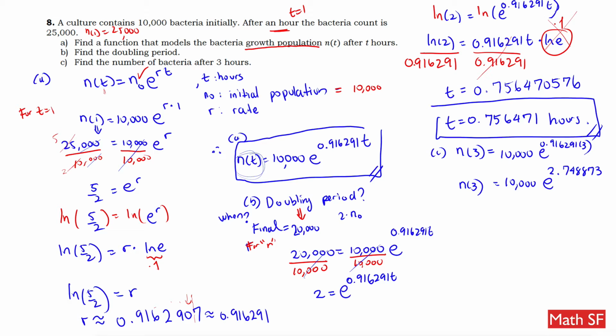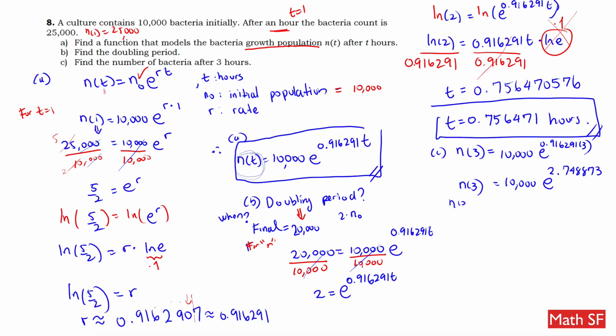Now I'm going to put e to the power of that number. Let me look for e on my calculator. I think I found it. e to the power gave me about 15.